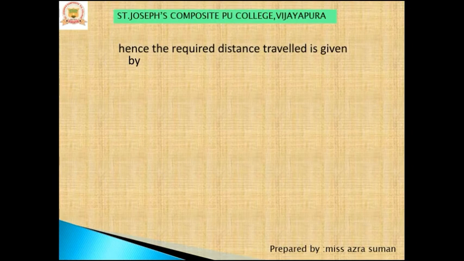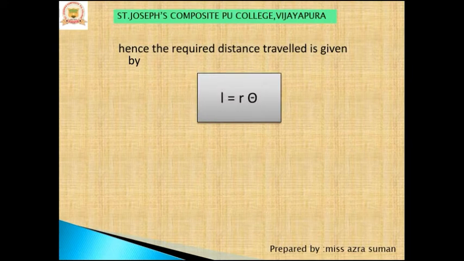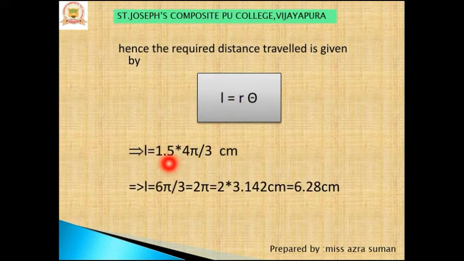Hence the required distance travelled is given by L equals r theta. Already we have the r value and theta value. Now your work is to substitute r and theta to get L, that is our arc length. So r is 1.5 centimeter into theta is 4 pi by 3.